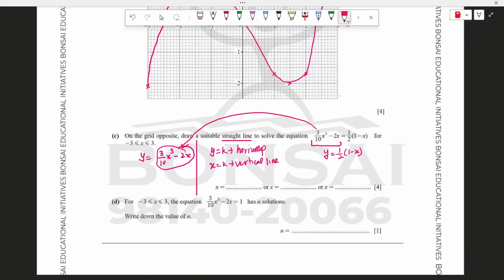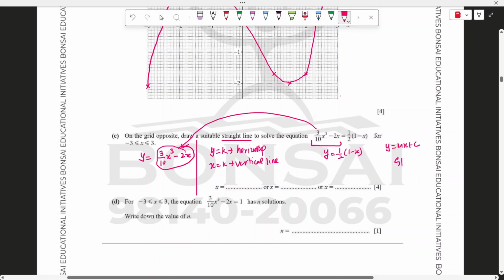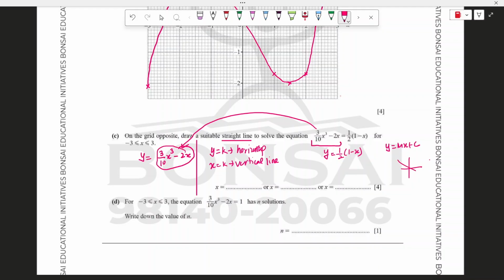But when you have an equation in the form y equals mx plus c, the line is going to be slanting. It means the line would be like this or this.